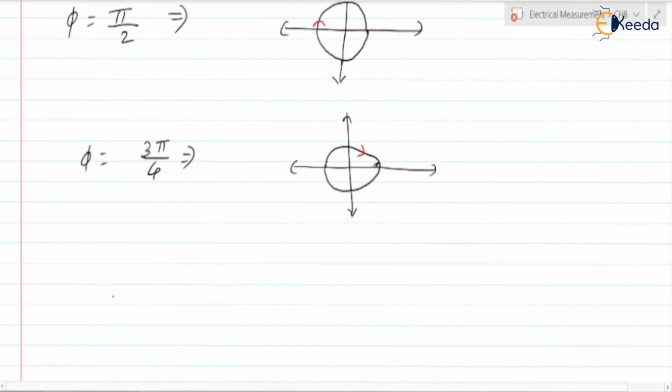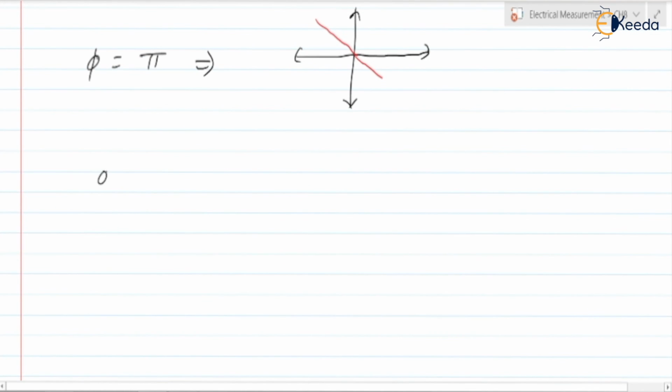If phi is equal to pi, then we get a line passing through 0, this type of line. If phi is equal to 5 pi by 4, again we will get an ellipse type of object on the screen, but it will be rotating in the anti-clockwise direction.